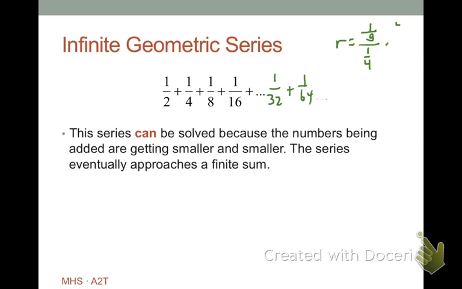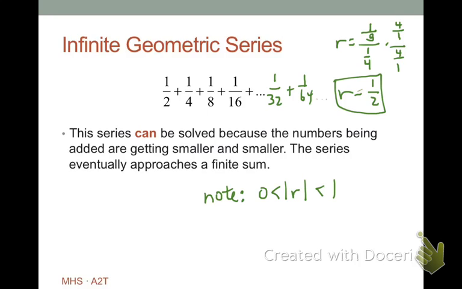We can figure out the common ratio. So 1/8 divided by 1/4, multiplied by the reciprocal, and you'll get r equals 1/2. So for this particular case, the common ratio is 1/2. It's worth noting that the absolute value of r is less than 1 in this case, and in this case we do get an actual sum.